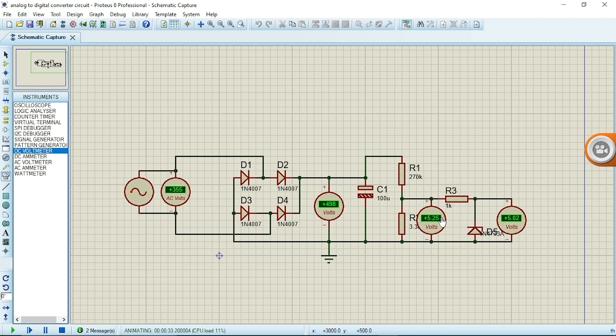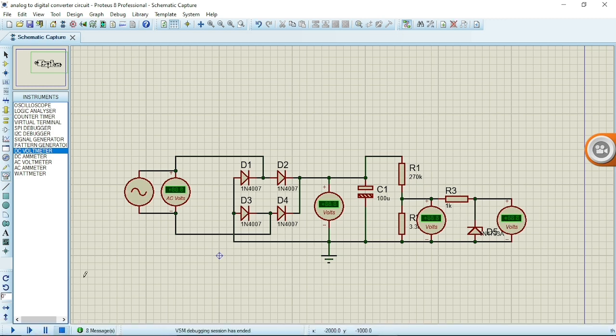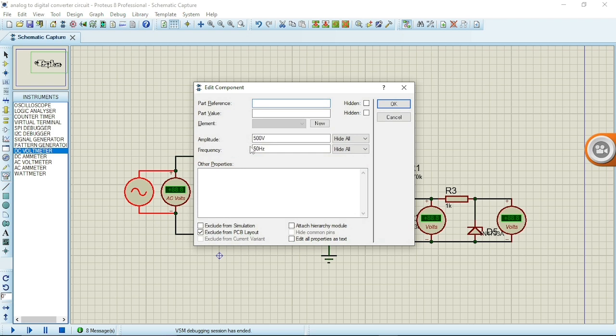So this is 5.25 volts, and I use my Zener diode to stabilize it to 5 volts here, which means even if you have more than 355 volts, even 600 volts.